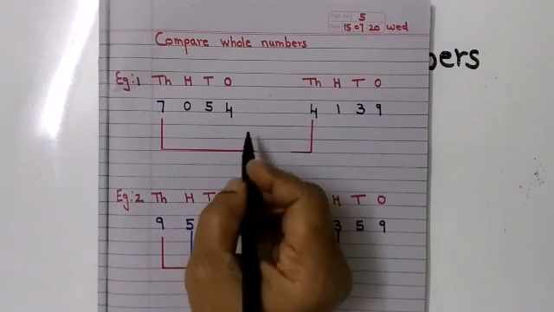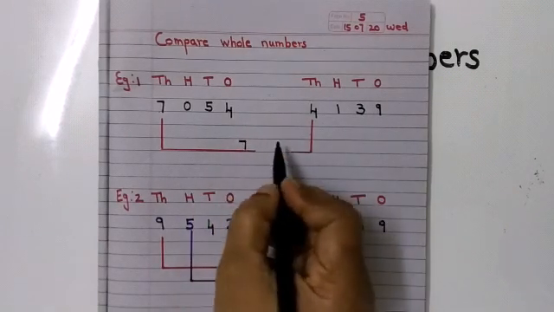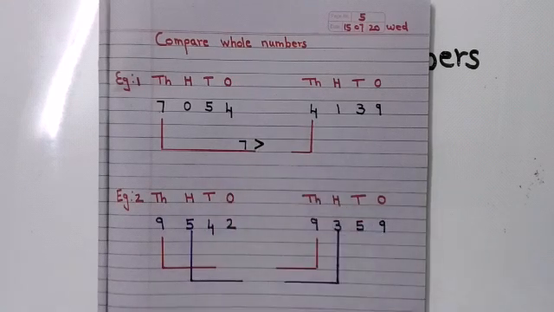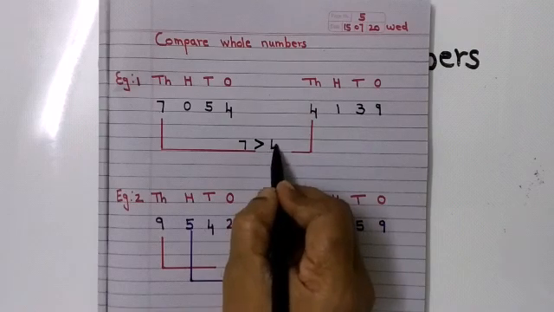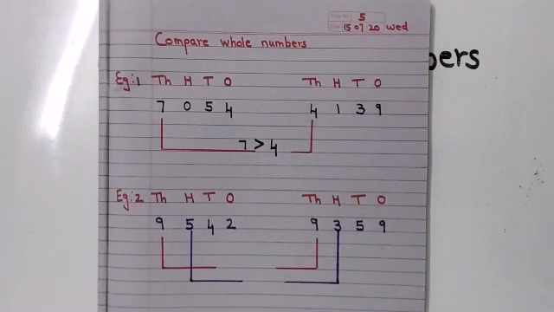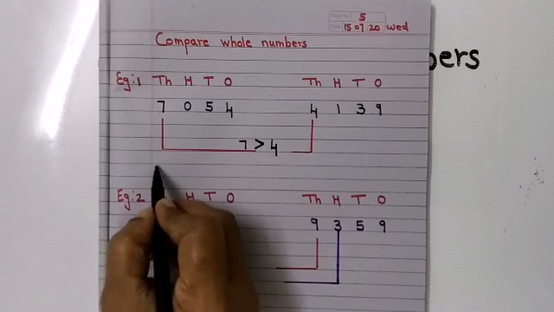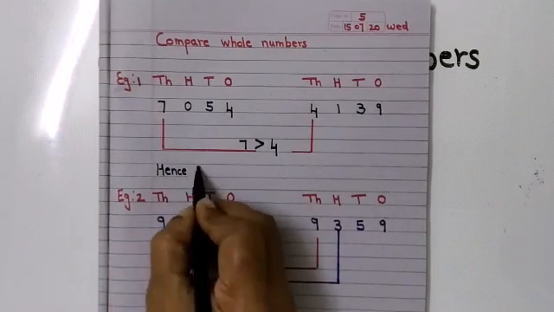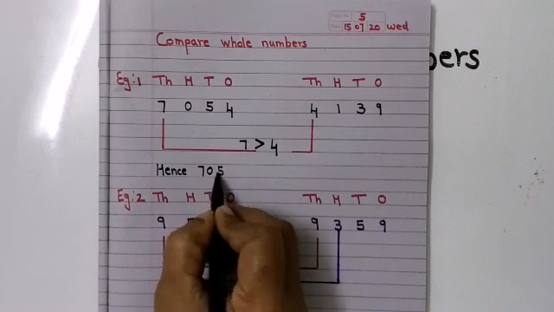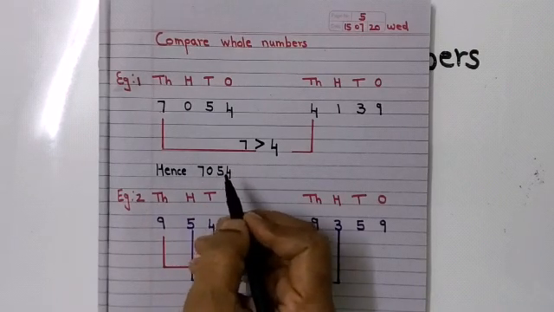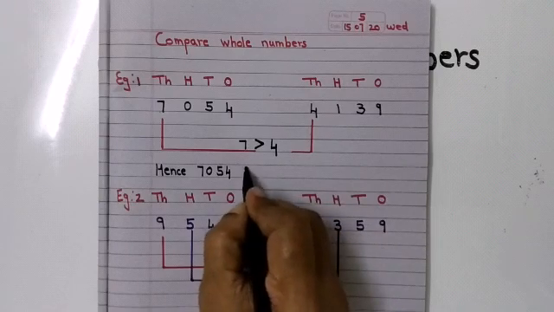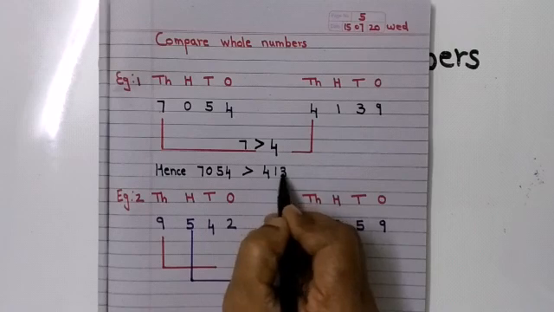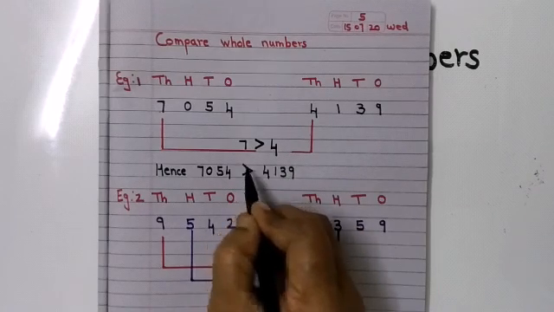I will write 7, and the sign will be greater than 4. So then what I say? Hence 7054 is greater than 4139.